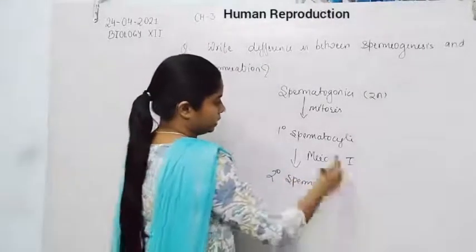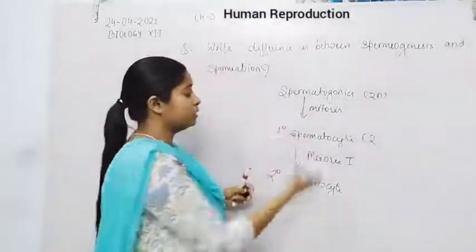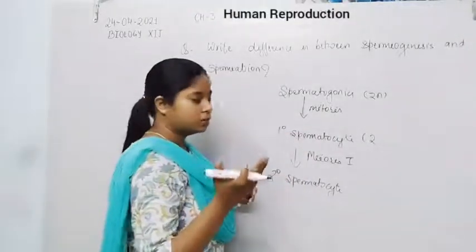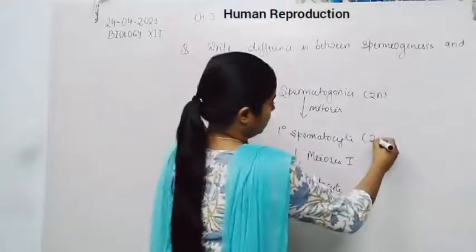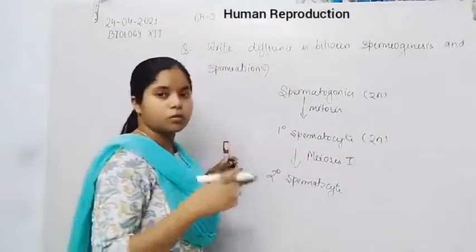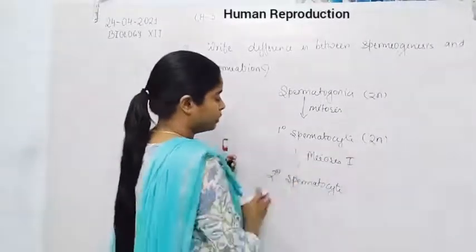Because the primary spermatocyte is formed by the mitosis division, the ploidy of the primary spermatocyte is said to be diploid in nature, that is, two sets of chromosomes are present in the primary spermatocyte.